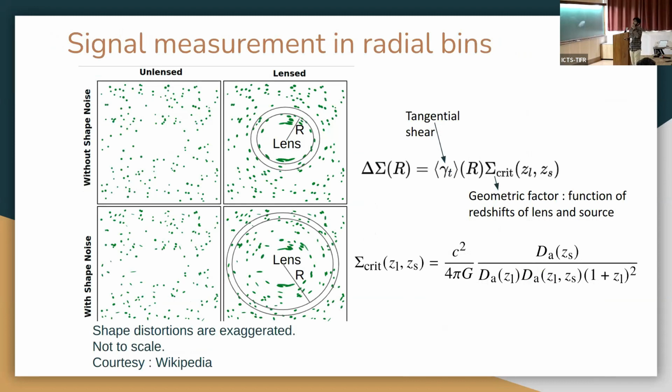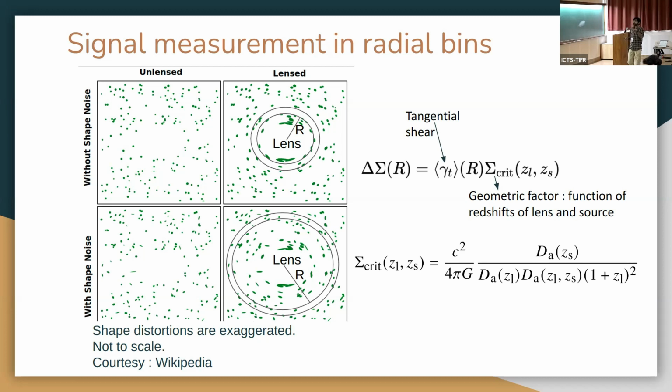Okay, so how do we measure these signals? First, you have to realize that this is measured at different radii, the projected radial distance. You need to count the pairs of lens galaxies and source galaxies. Lenses are foreground, source galaxies are background. You count at a given separation how many pairs there are. The more pairs, the better the statistics and the better your signal to noise ratio.